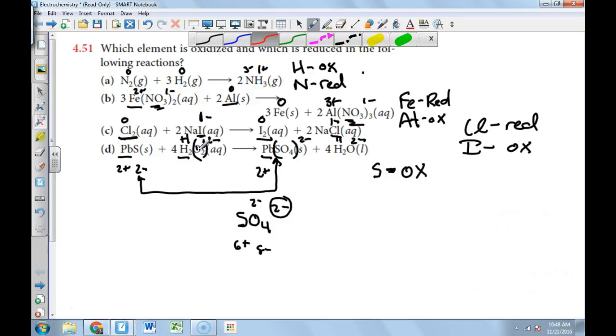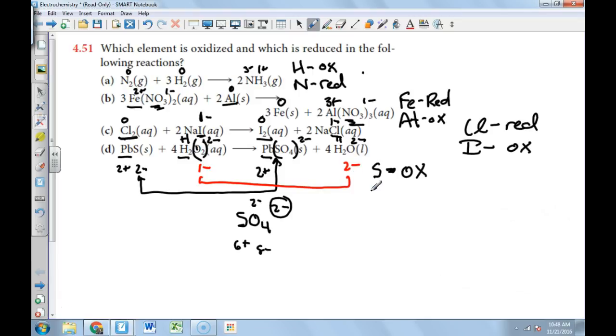Peroxide, O2 2-, means that each oxygen is 1-. Here it's 2-. So oxygen's charge is going down, so oxygen is the thing that's being reduced. Knowing your rules for oxidation states helps out here a lot. So that's 4.51, and have a great day.